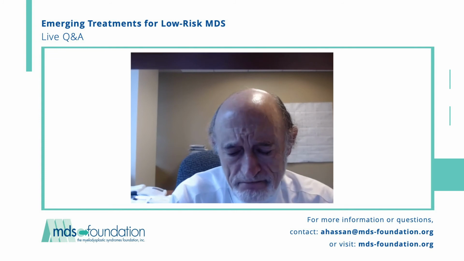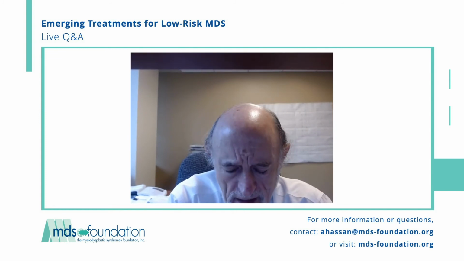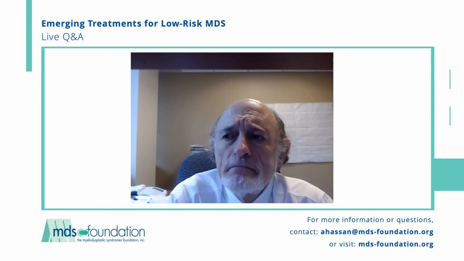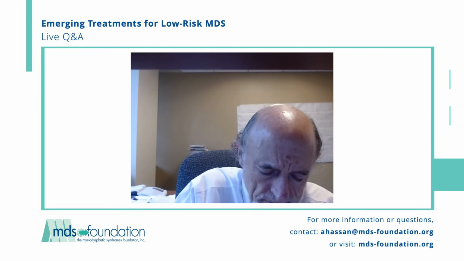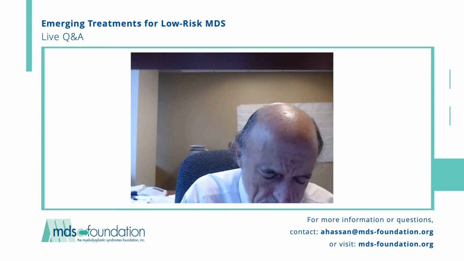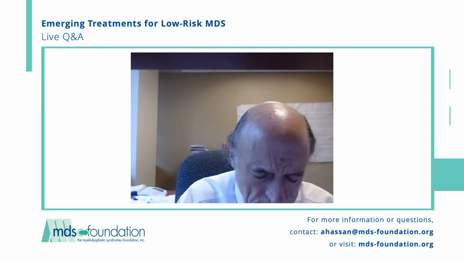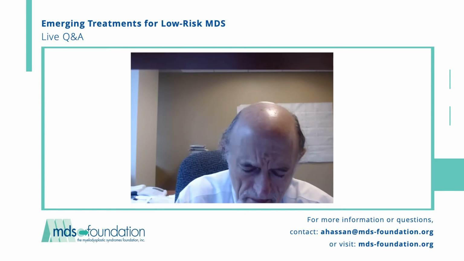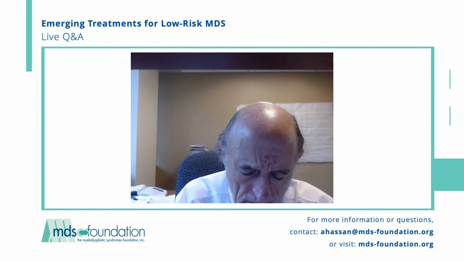Thank you for your very thoughtful and thorough answer. The next question is from a patient who was diagnosed with MDS-RS-MLD. They want to know if this is a combination of the two that they should be paying attention to. They were diagnosed 14 months ago, no symptoms, stable blood counts, just the platelet count is being affected, down around 90.